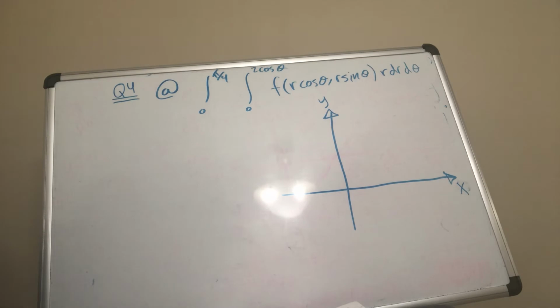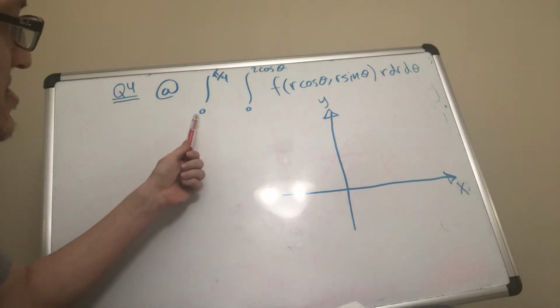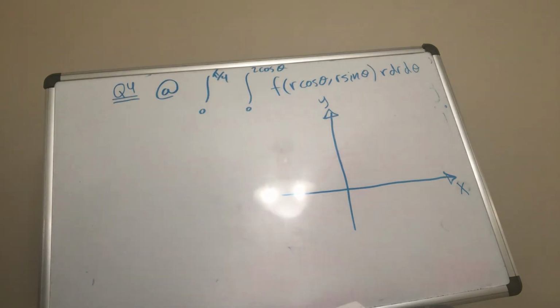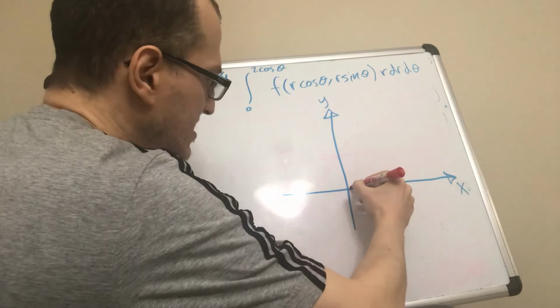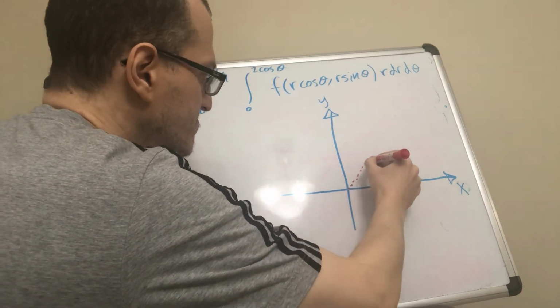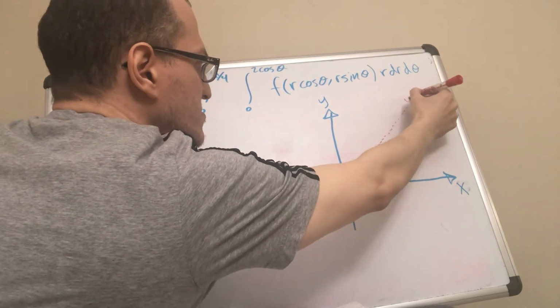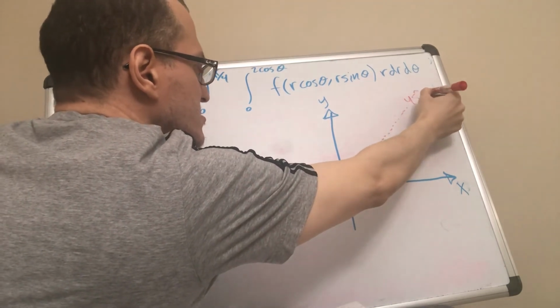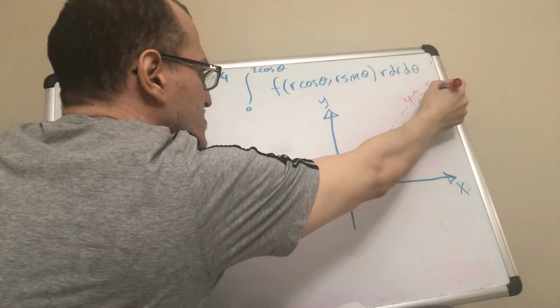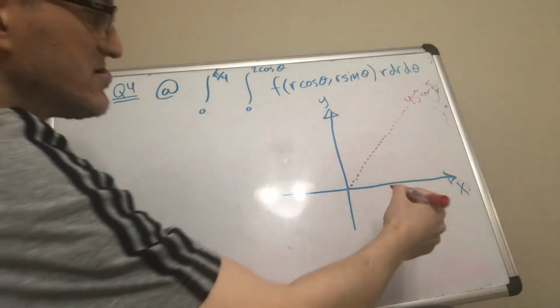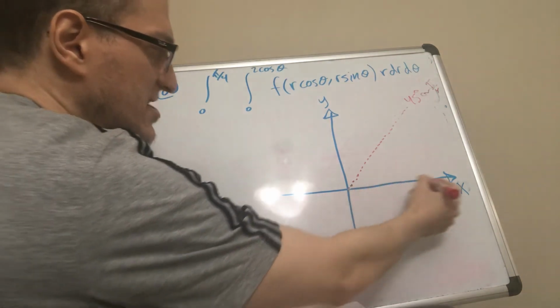Because you're sketching from theta 0 to theta pi over 4, which is 45 degrees, I'm going to add the line for 45 degrees, or pi over 4. And this is of course angle 0.